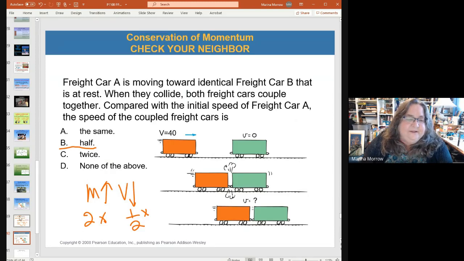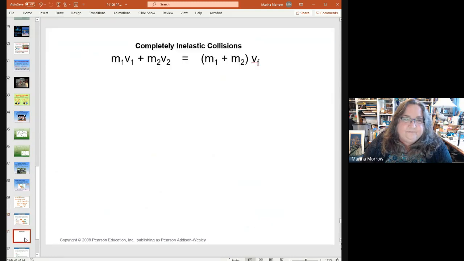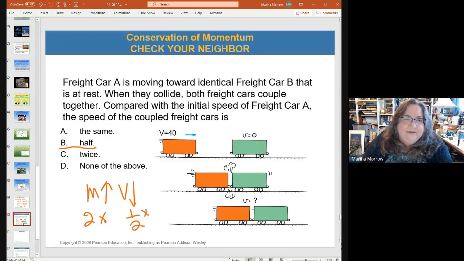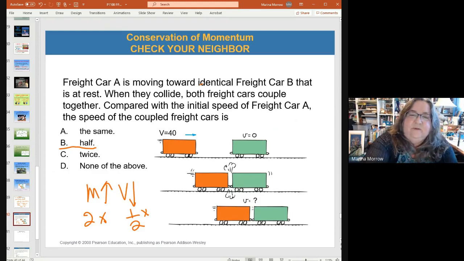Now, what happens if the masses aren't the same? Let's say we've got our train cars coming in at 40, and instead of being identical, one of the train cars has twice as much mass. Let's say the green car has twice as much mass as the orange car.